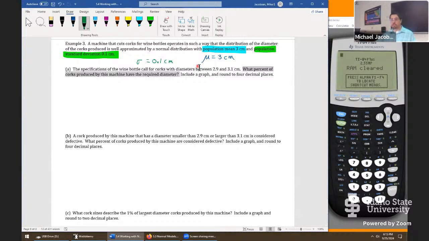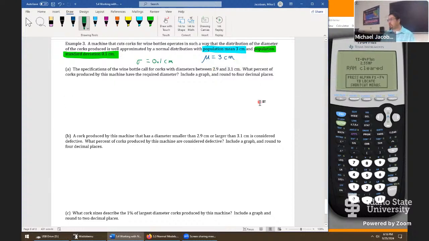In other words, if the machine really has a mean of 3 centimeters and standard deviation of 0.1 centimeters, how many of those corks can you really use? We would hope like 90%, right? That way there's very little waste. But if we can only use, say, 30% of those corks, maybe the machine should be retuned so that we can really use it for the wine bottles where the fit has to be between those centimeters.